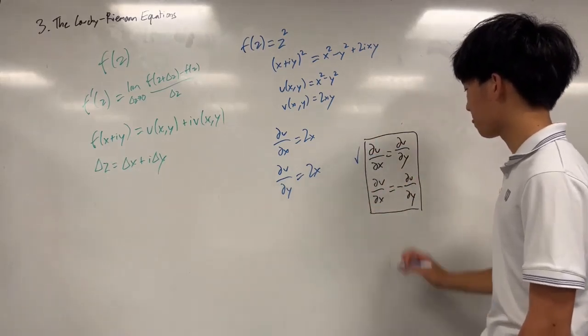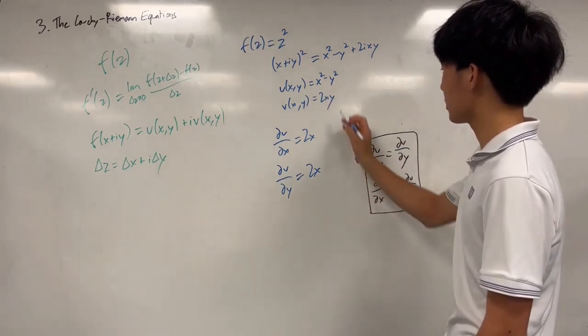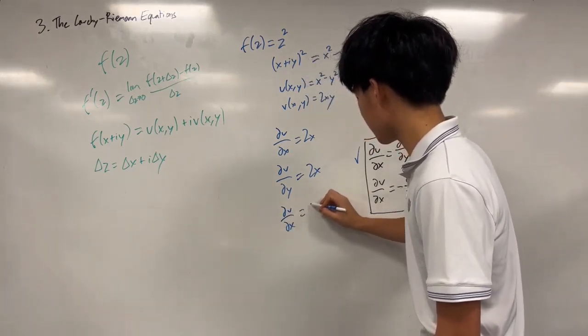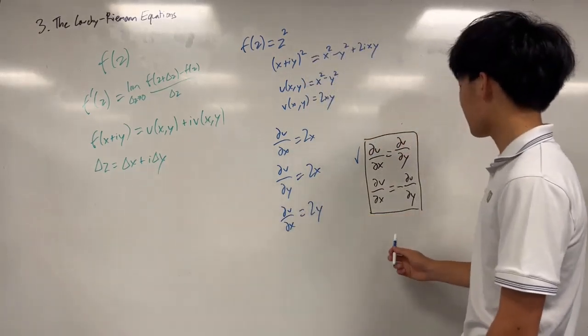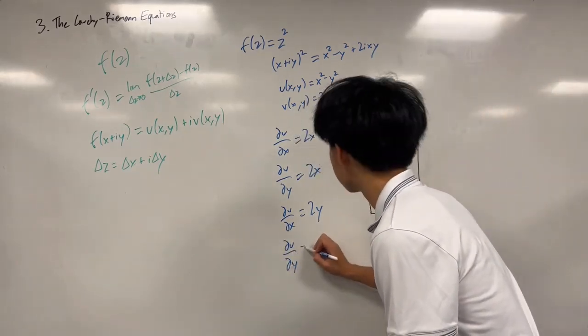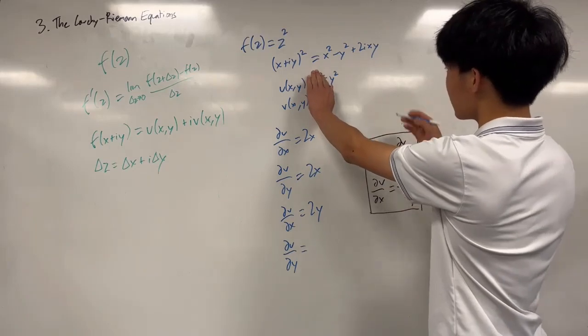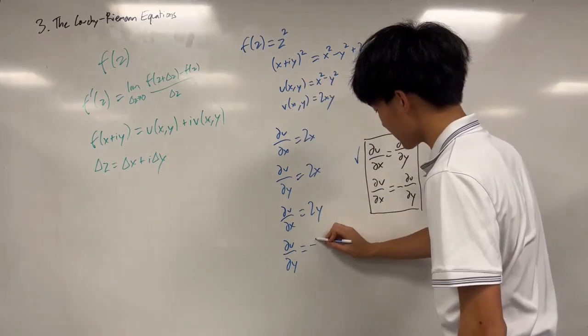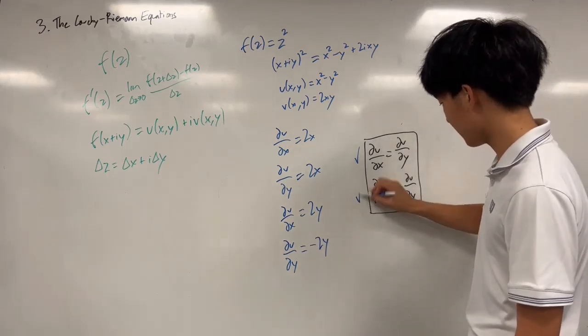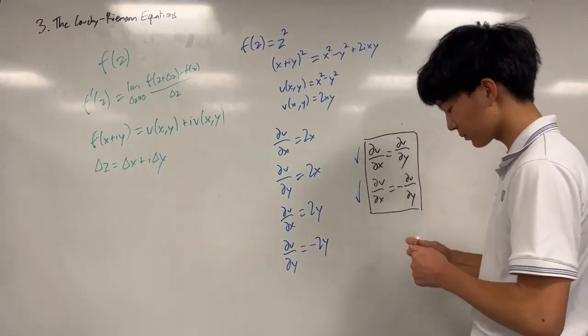This is satisfied. Now, del v del x, same thing, except now the other way around, so this is 2y, and then del u del y holds x squared constant, and so again, power rule, this is negative 2y, and you see this is the negative of that, and this is satisfied.